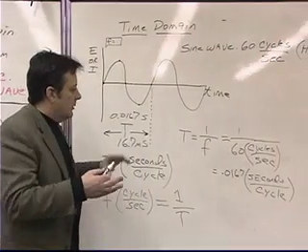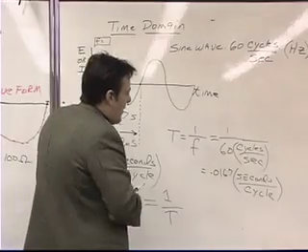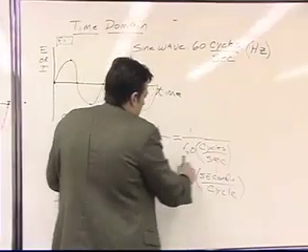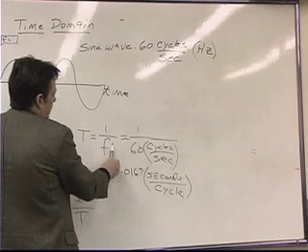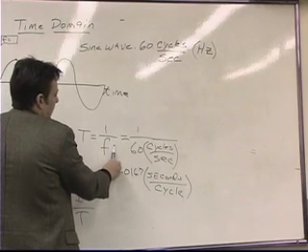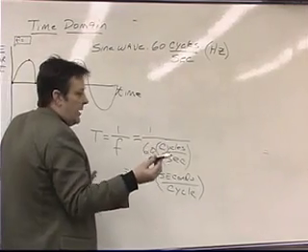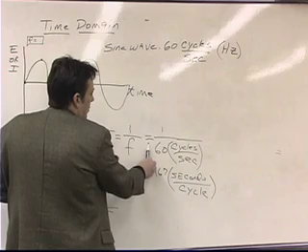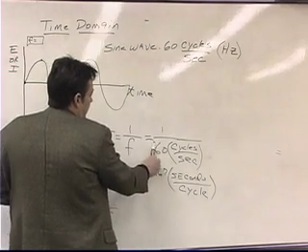Let's take a look very briefly at the units. We said that period is equal to the inverse of frequency, and we're going to use a 60 cycle system because that's what we have in the United States.